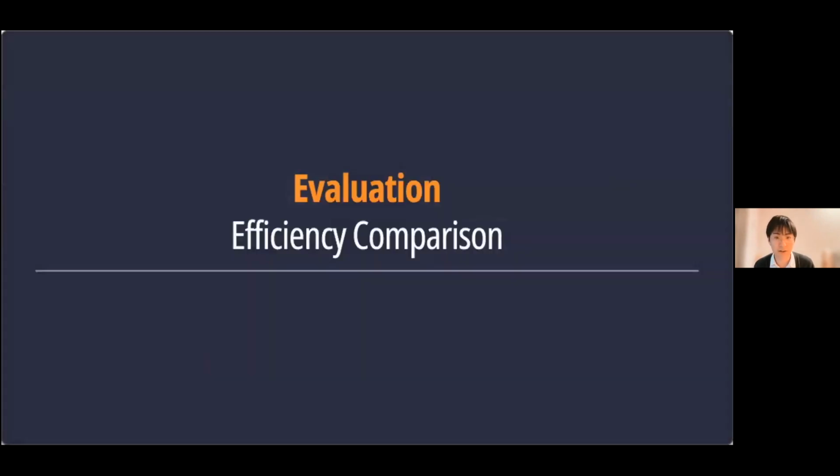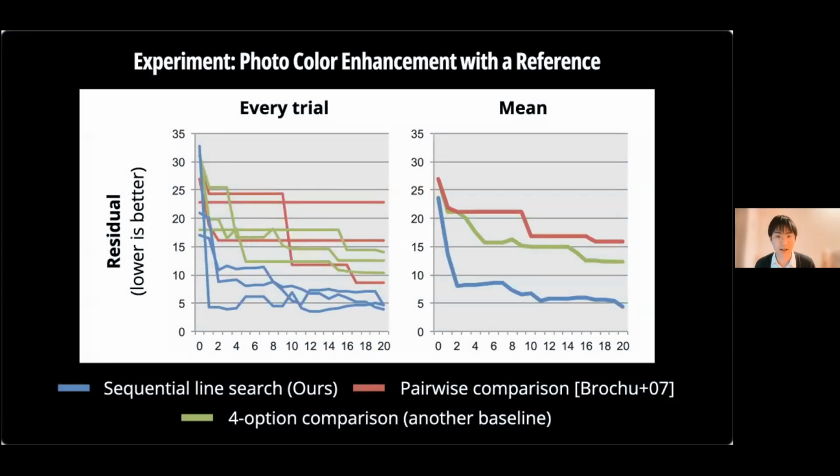Okay, we evaluated this method by comparing it with some baselines, but I'd like to omit the details. The conclusion is that our method was much faster than the other baselines, including the previous work using pairwise comparison.